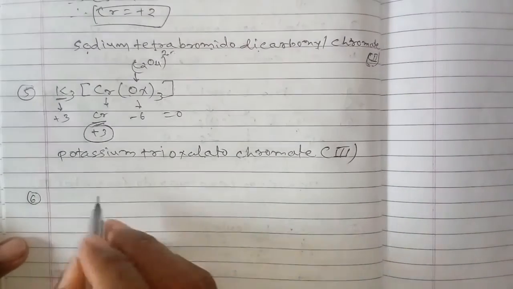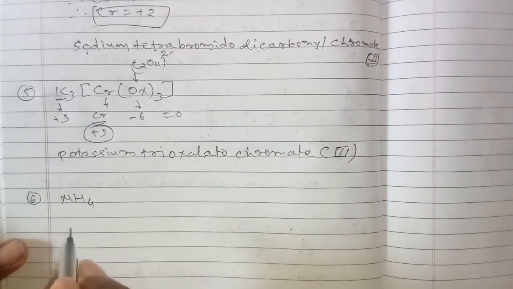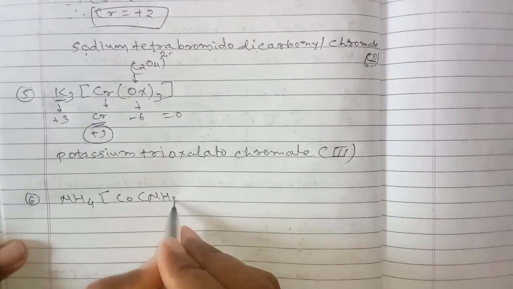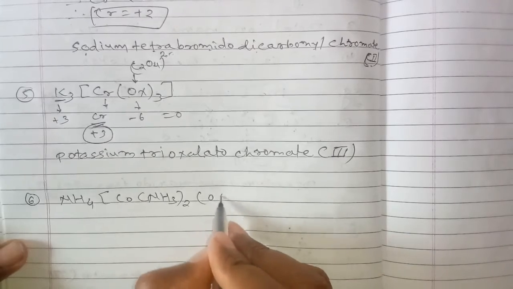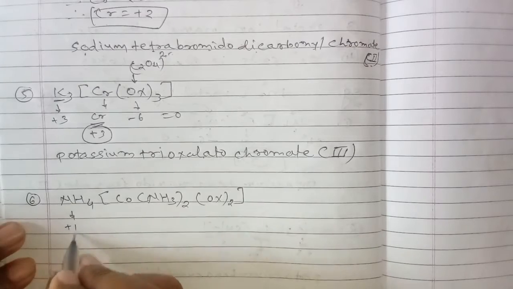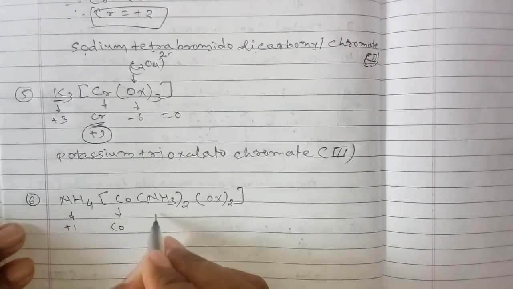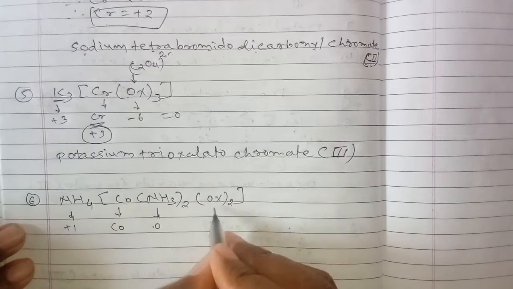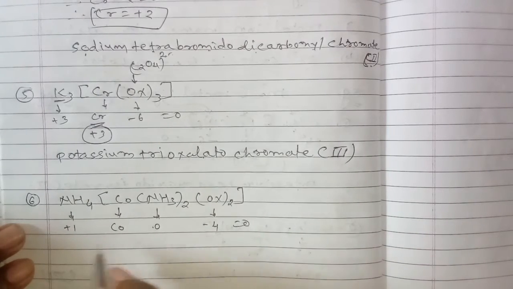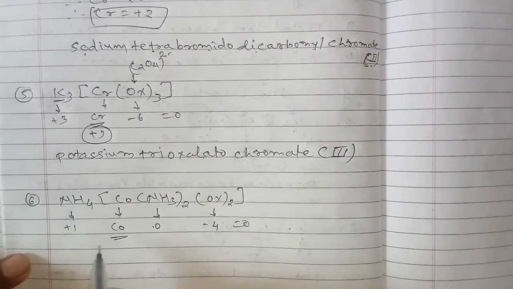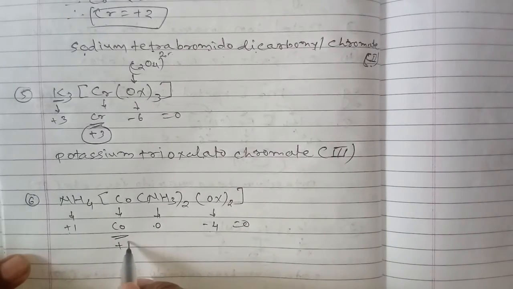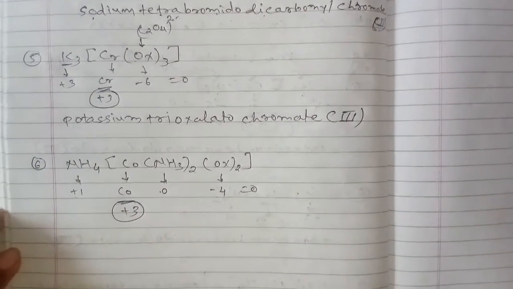Number 6 is NH4[Co(NH3)2(ox)2]. Its oxidation state is +1. Here the cobalt, and here the 0 oxidation state, and -2 twice, -4, and 0. So +1 -4 -3, its oxidation state is +3.